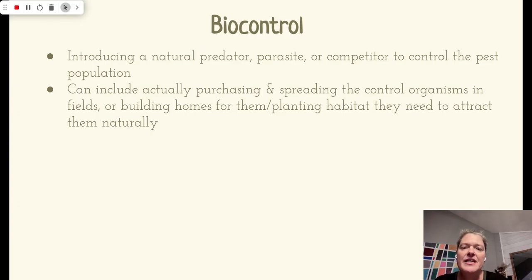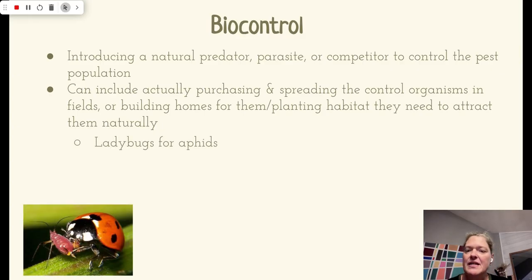This can actually include purchasing and spreading the controlled organisms in fields, or building homes for them by planting habitat that they need that would attract them naturally. An example that I think of immediately when I think of purchasing and then spreading the controlled organism is ladybugs for aphids. Farmers were bringing in Asian ladybugs to destroy aphids on crops.